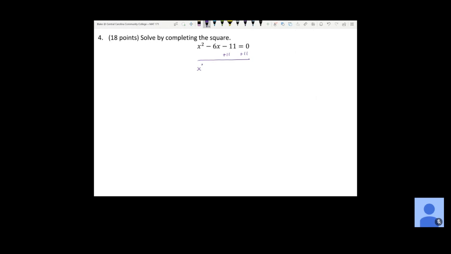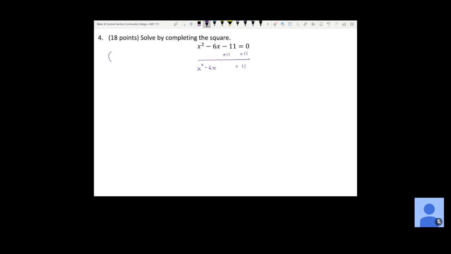So that's going to give us x squared minus 6x. I'm going to leave myself some space here. That's going to be equal to 11. All right, now once I've moved that c value to the other side, what's my next step going to be? Good.